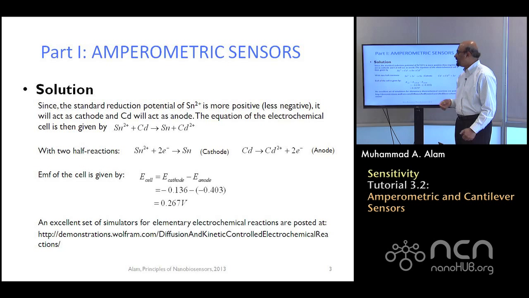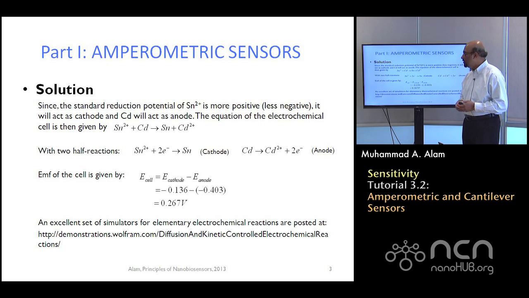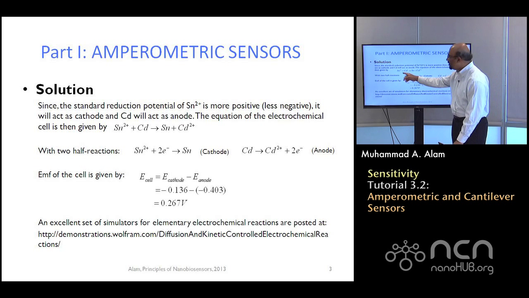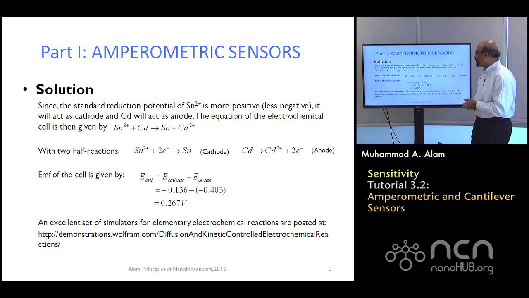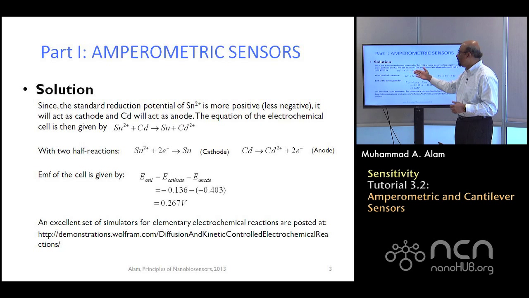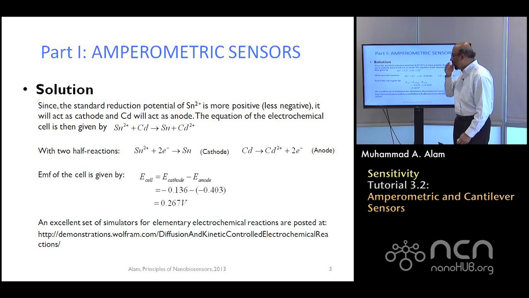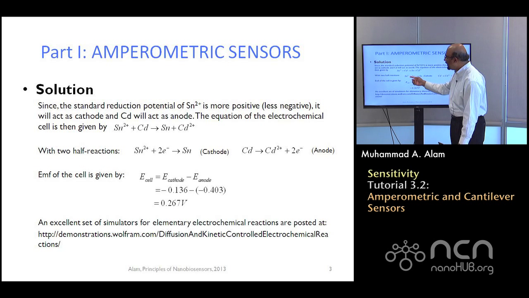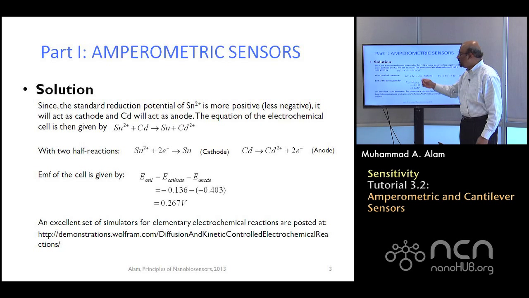You can look at the standard reduction potential. Reduction potential means that when somebody is accepting an electron, that means it is getting reduced. So in general, the cadmium will donate its electron, and antimony accepts it. And so this is the whole reaction, and therefore the half reaction will be that in the cathode, for example, it will accept the electrons.